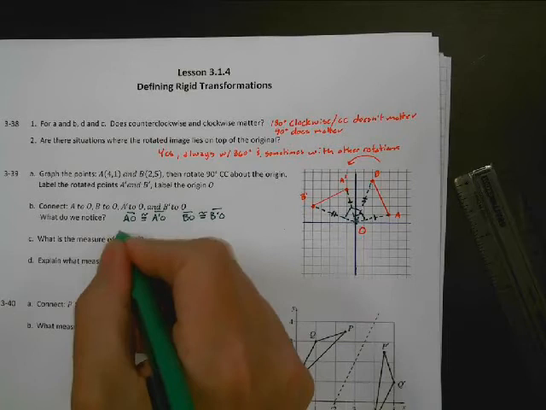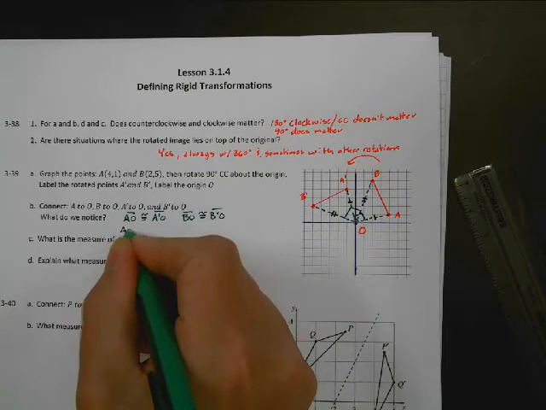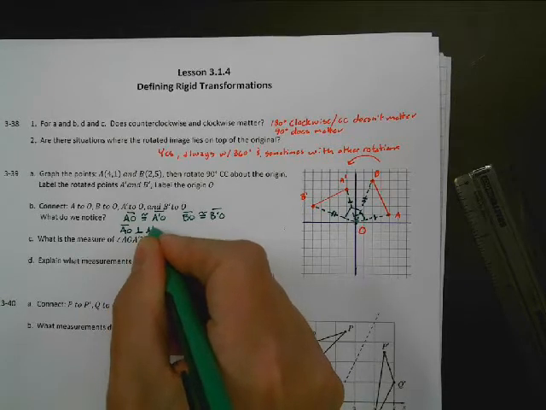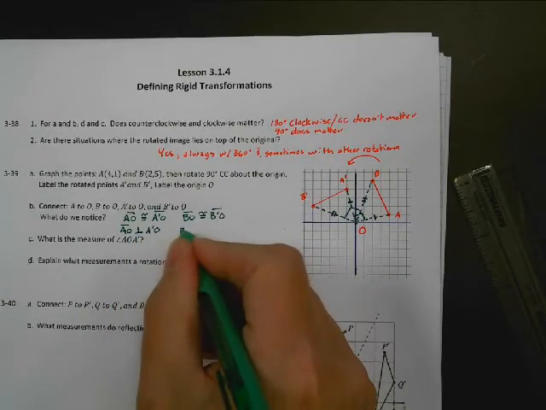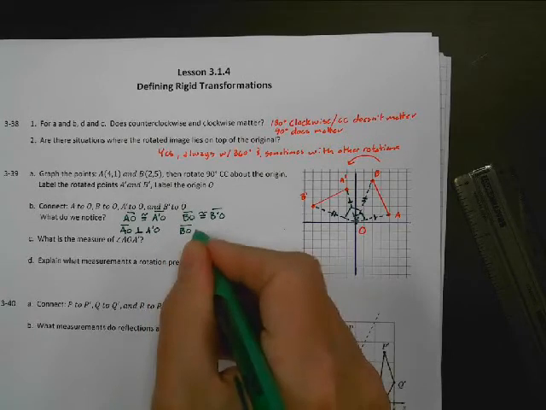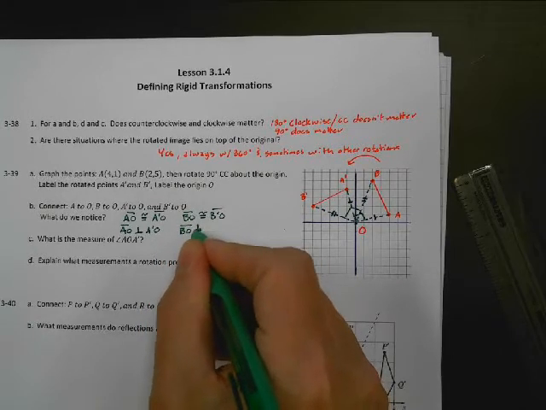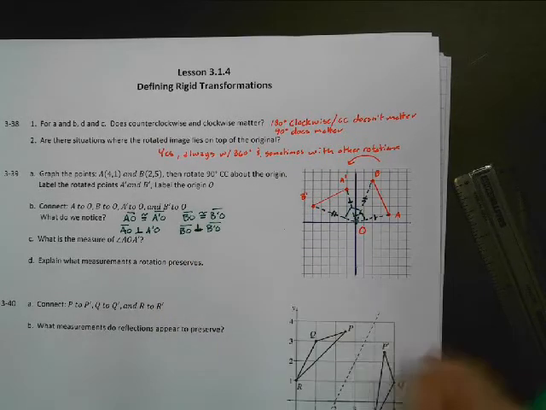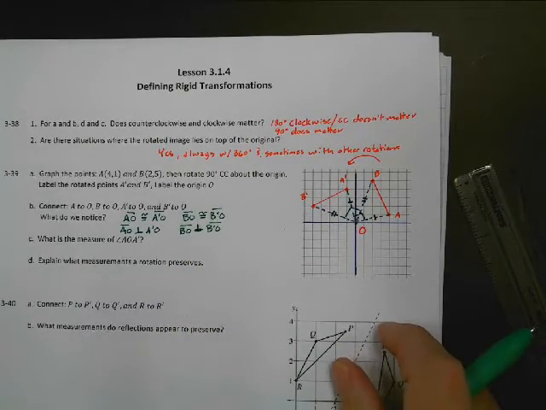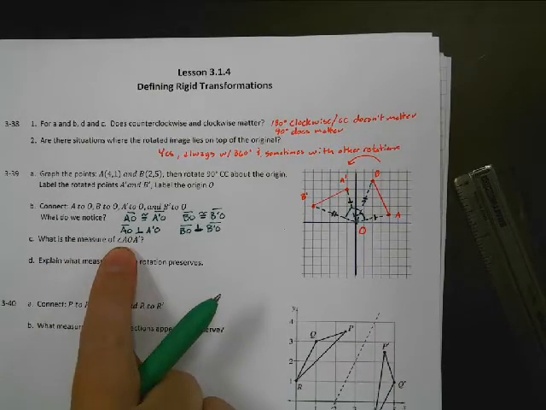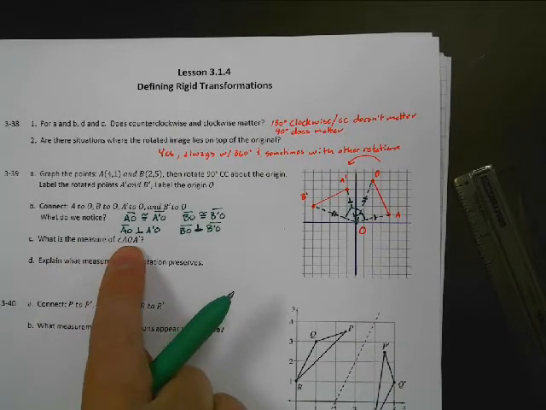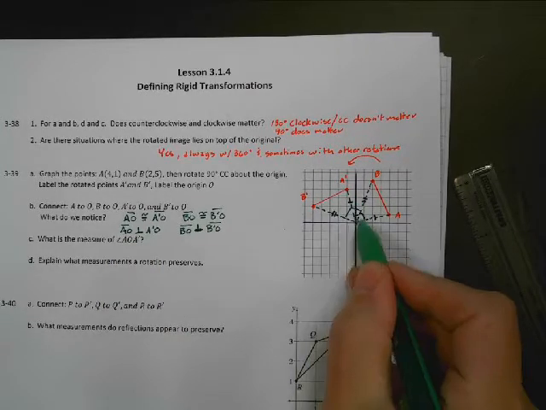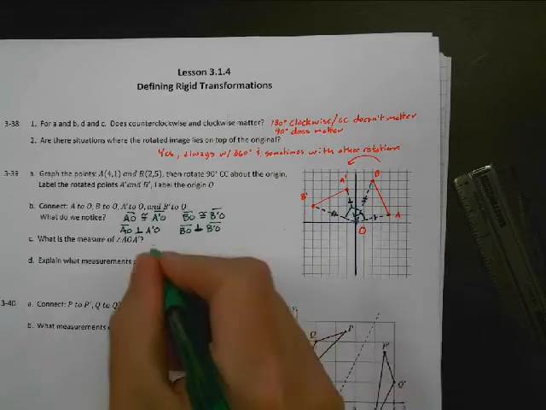It looks like AO is perpendicular to A prime O. And BO, that sounds bad, is perpendicular to B prime O. All right, so it looks like that happened. It says, what's the measure of angle A prime? So A prime, that looks like a 90-degree angle right there.